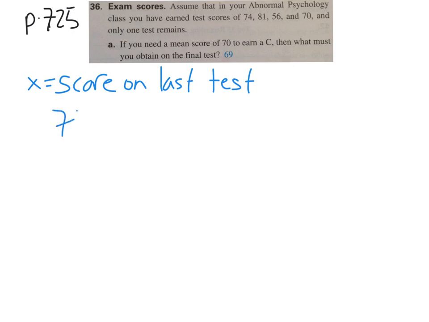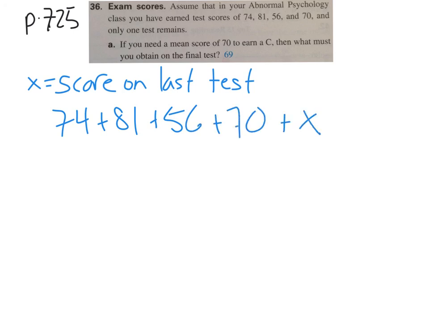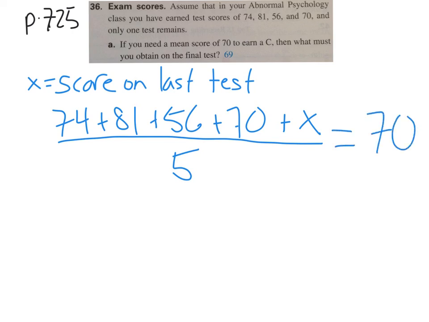We'll take 74 plus 81 plus 56 plus 70, and then plus X. That is 5 scores. And we're going to divide them by 5 to get our average, and we want our average to be 70. All right, so this is our equation, and we just need to solve this for X.